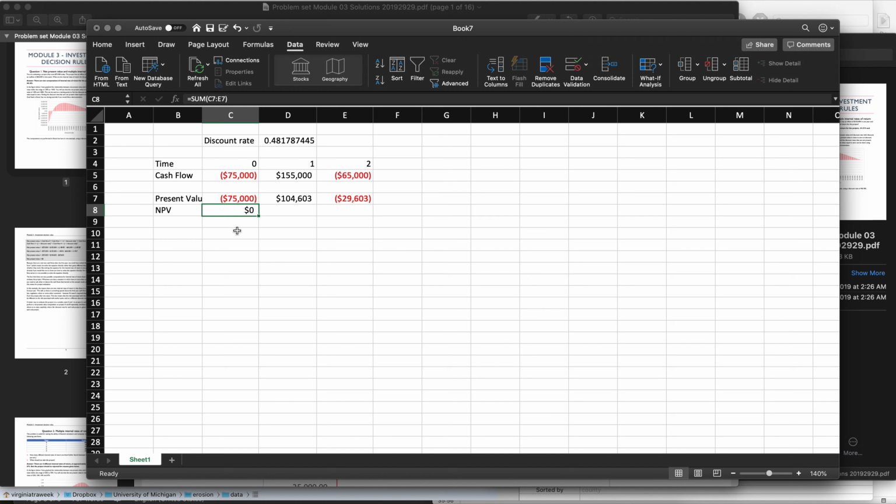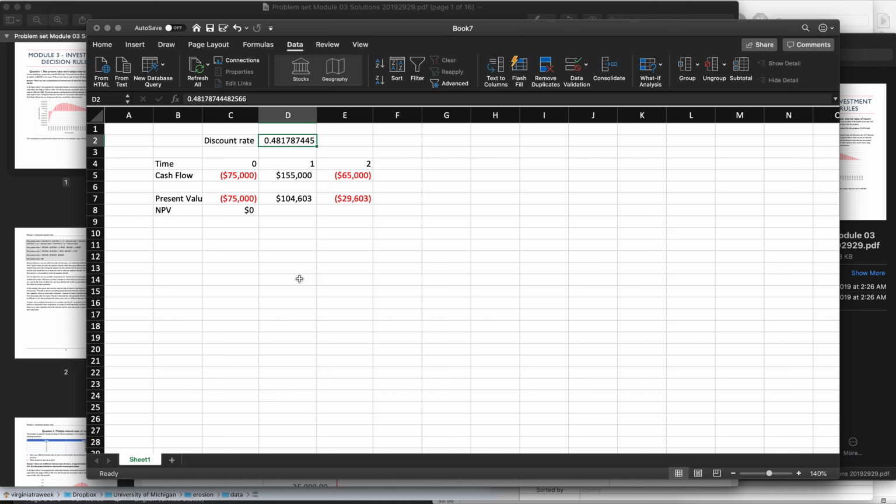So 48% shows that this would be a project that we would want to take because the IRR is higher than our discount rate, and therefore it looks like it's a good project. But wait, there's more.